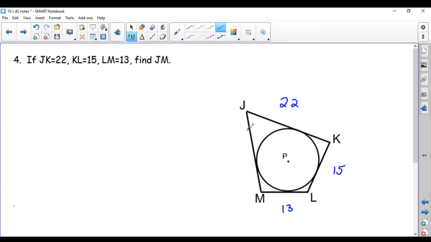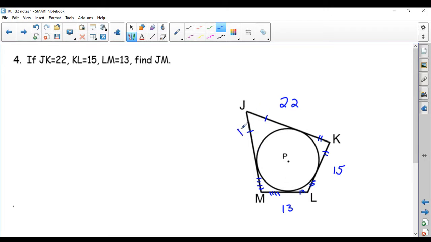Again, we know that any two tangents from a point to a circle are congruent. So we have 4 sets of congruent segments, these two and then these last two.